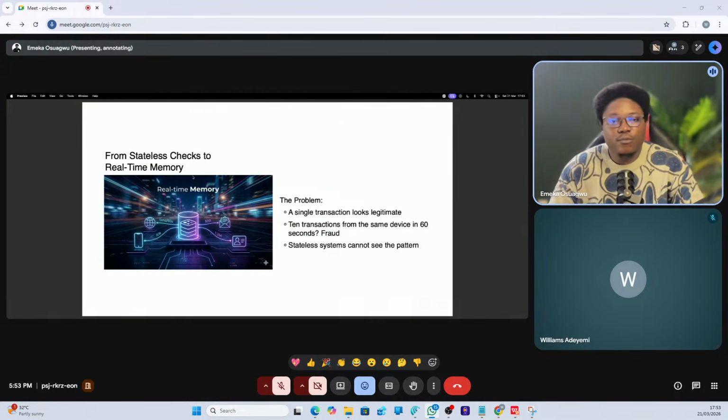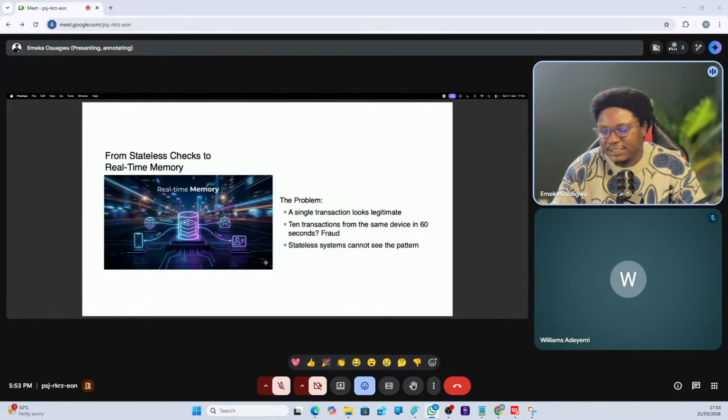Okay, so moving on to what I consider to be the crucial part of building a fraud detection layer. It's all about memory. In the industry, the approach that I see most organizations take is a stateless approach. So what is a stateless approach?